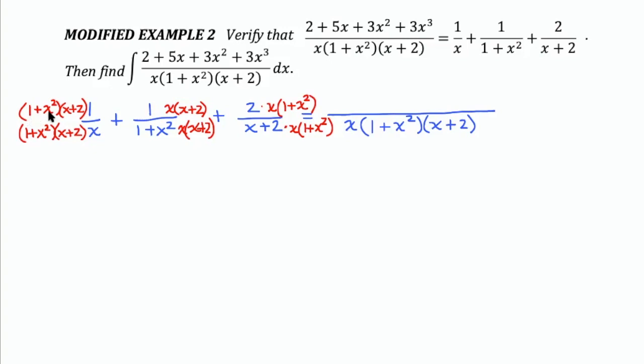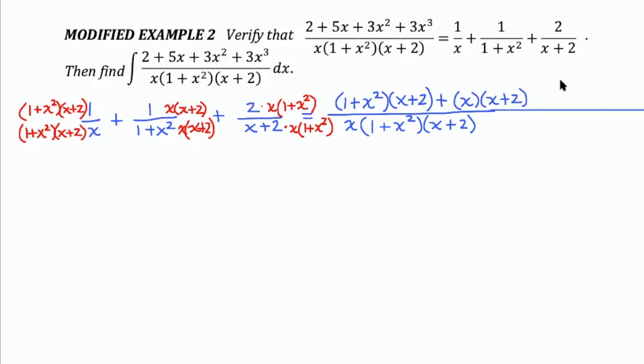So if I do 1 plus x squared times x plus 2 times 1, okay, 1 times anything is just that stuff. So I'm going to just write 1 plus x squared times x plus 2. I'm not going to bother multiplying that out all at once. Then I have a plus sign. Now I have a 1 times this stuff. So I'm going to have x times x plus 2, which I need to multiply together.